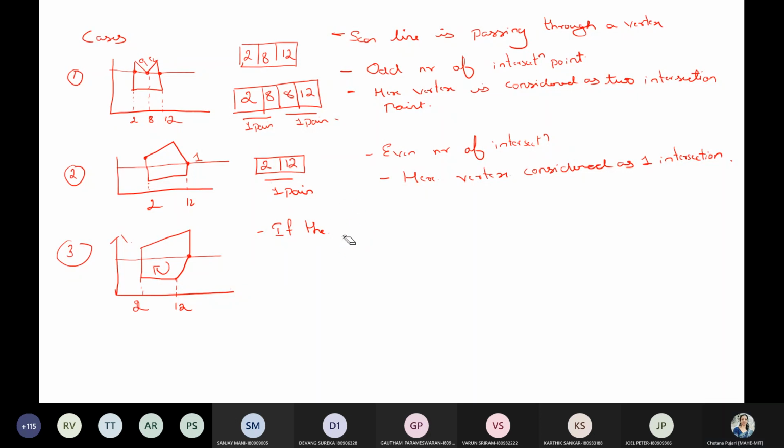If the y value is monotonically decreasing, then consider it as one intersection point.